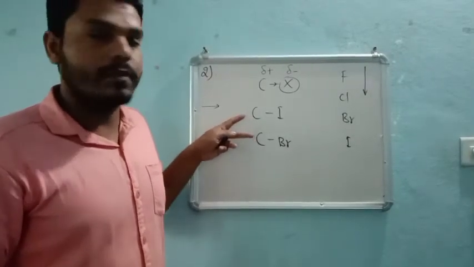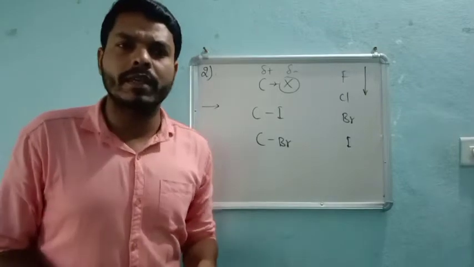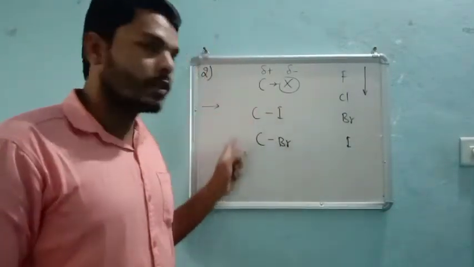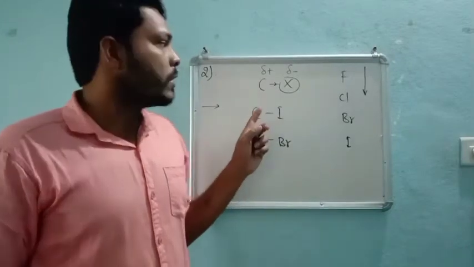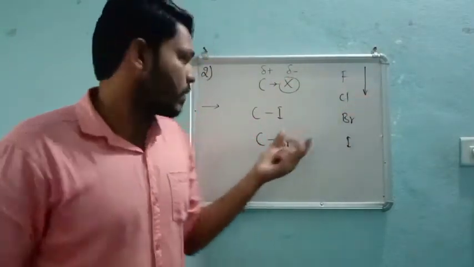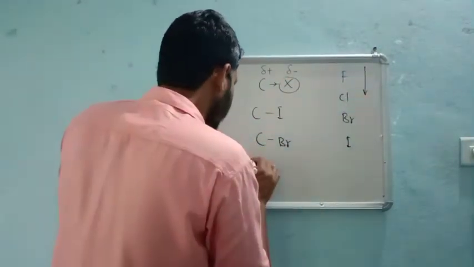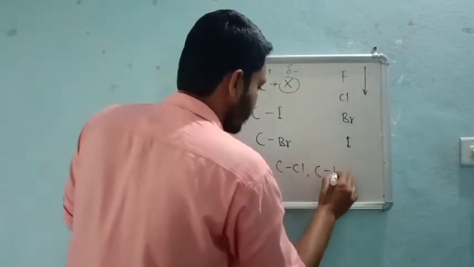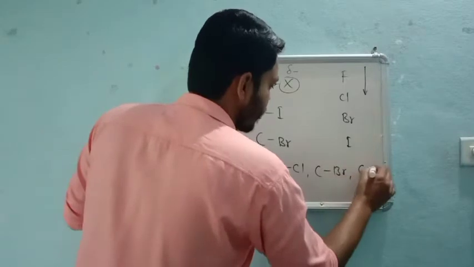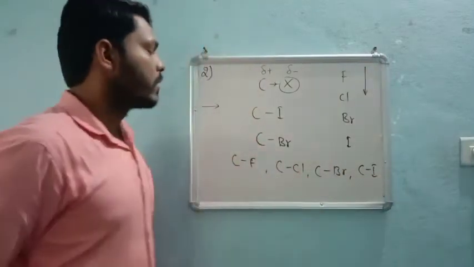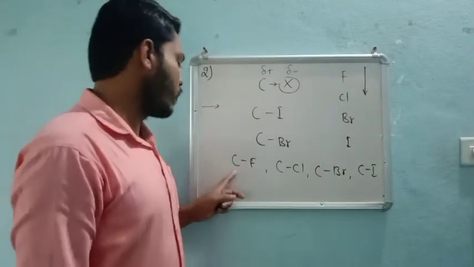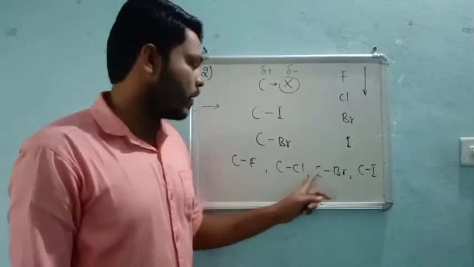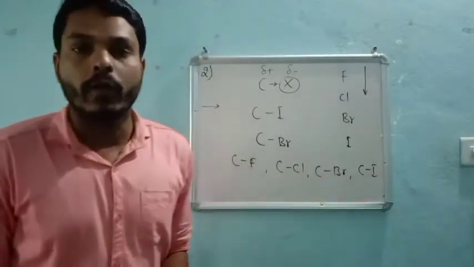Many types of examples you will get in your competitive examinations based on these concepts, right? So I will write the bonds C-F, C-Cl, C-Br and C-I, that means the alkyl halide with fluorine, chlorine, bromine and iodine.